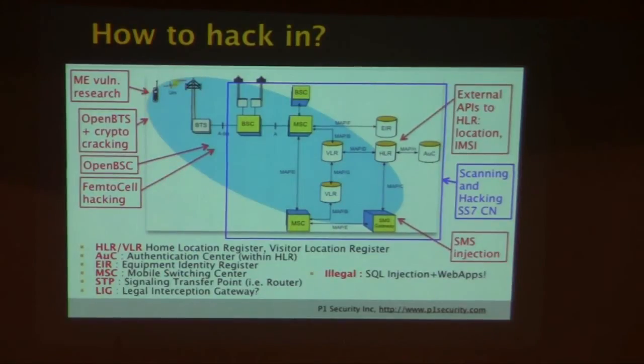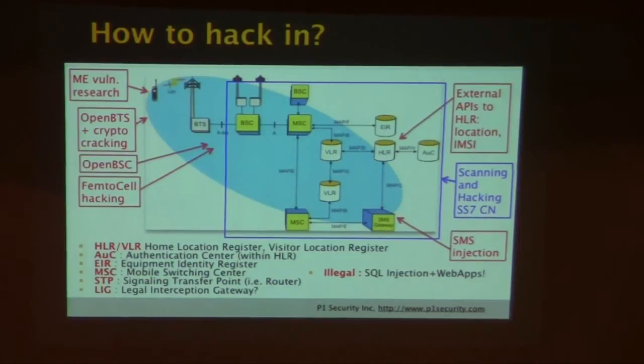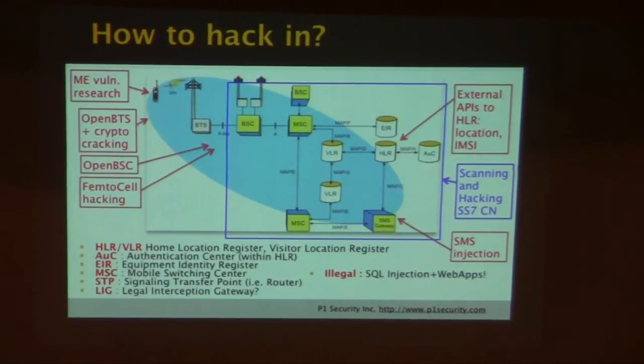Okay, very often people tell me, how do I get access to this core network? Well, you'd be surprised by the number of vulnerable value-added services, gateways, and web apps that the telecom operator rolls out and says, okay, this is running, it's good, so now don't touch it, because otherwise we can't guarantee that you will be able to use it for your network.